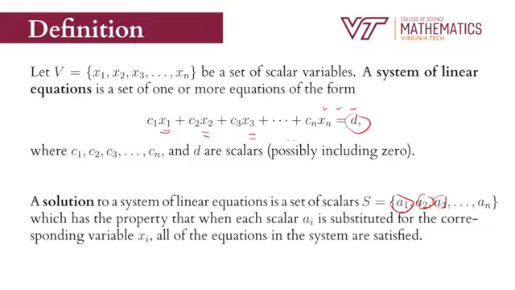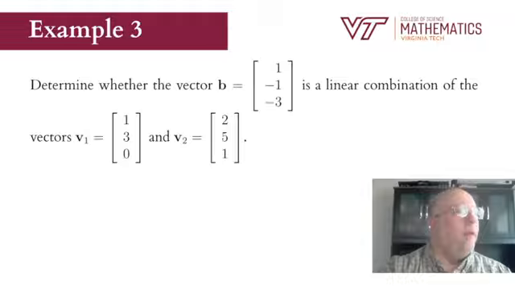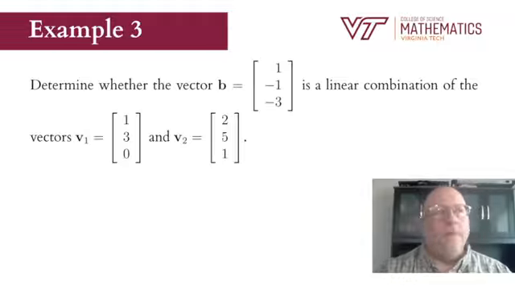So let's see an example of a problem that we can solve using a system of equations. All right. We want to determine whether this vector b is a linear combination of the vectors (1, 3, 0) and (2, 5, 1). All right. So let's give this a try.